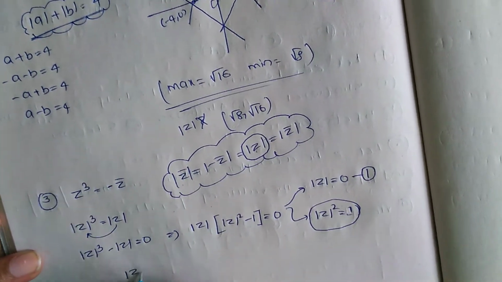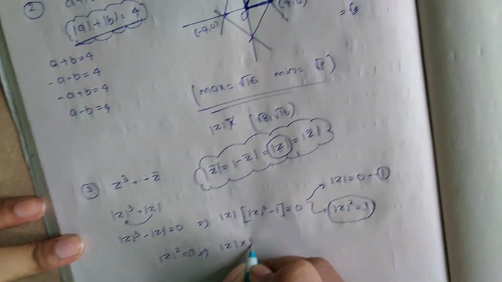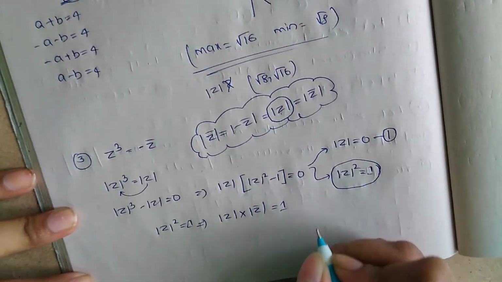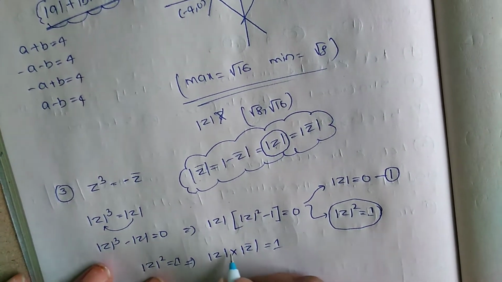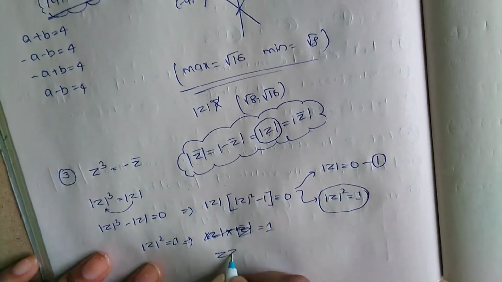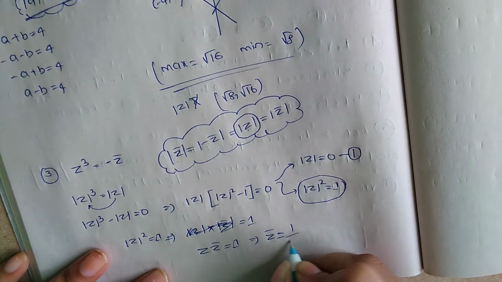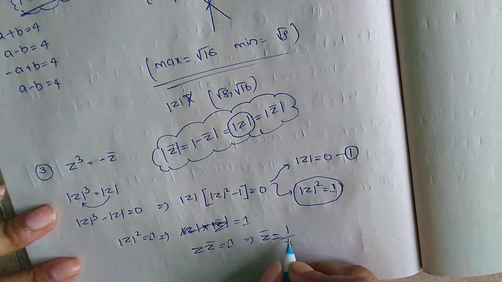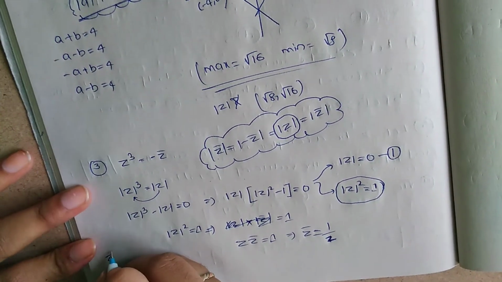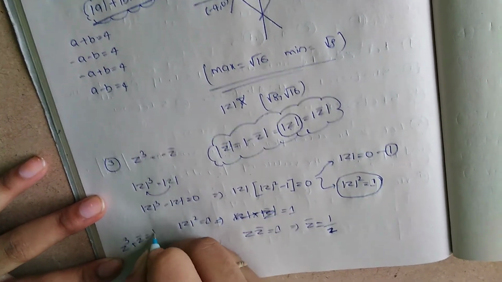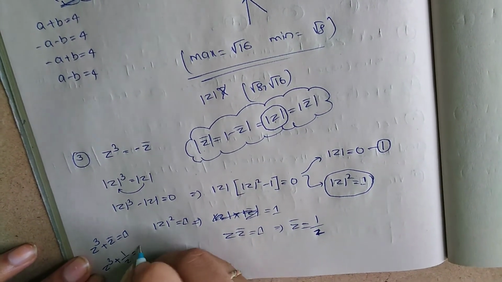You see, mod z square is equal to 1, which implies z into z bar is equal to 1. Yes, is this the thing? Oh sorry, z into z conjugate is equal to 1, which implies z conjugate can be written as 1 by z. So you substitute this 1 by z in the first equation. What did we get? Z cube plus z bar is equal to 0. You substitute this z bar value. Z cube plus 1 by z is equal to 0.